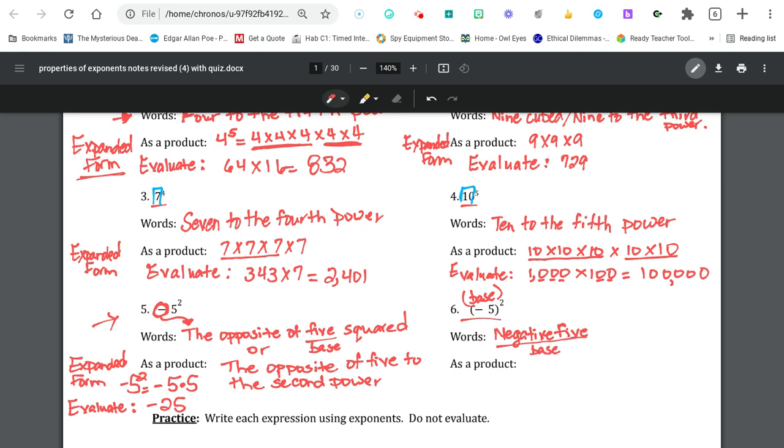I know that because the negative is also in the parentheses with the 5. So the whole negative 5 is being squared. Negative 5 squared. Or you could write negative 5, your base again, negative 5, not 5, to the second power.